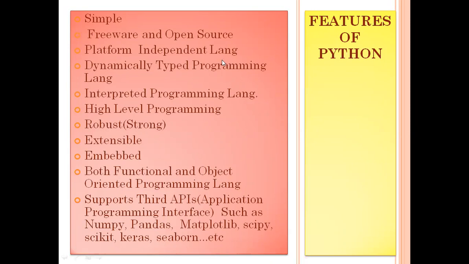It is a dynamically typed programming language. It is an interpreted programming language. It is a high level programming language. Robust, that is, a strong programming language. Extensible, embedded, both functional and object-oriented programming language. It also supports third-party APIs. Now, what are APIs? APIs means third-party libraries. APIs are nothing but libraries.